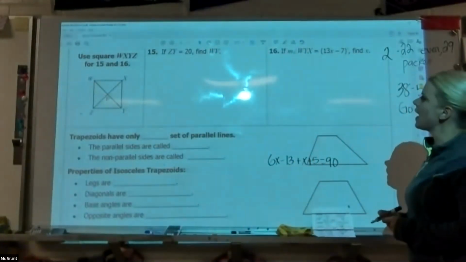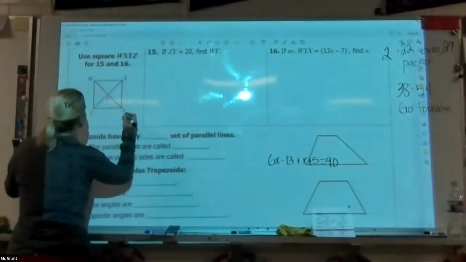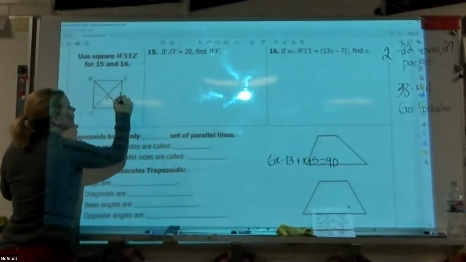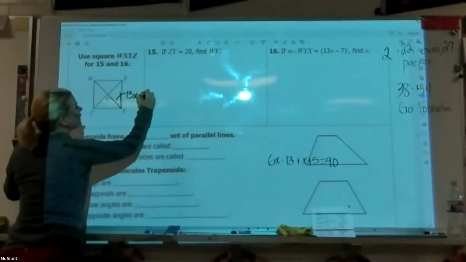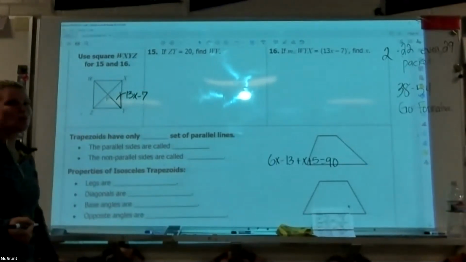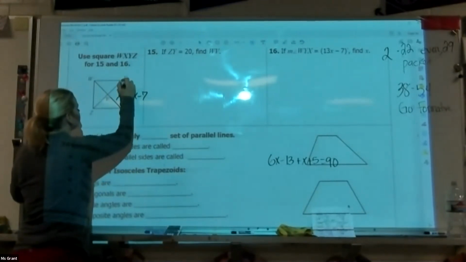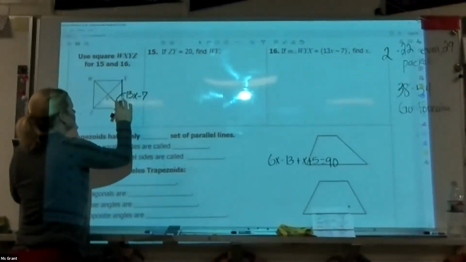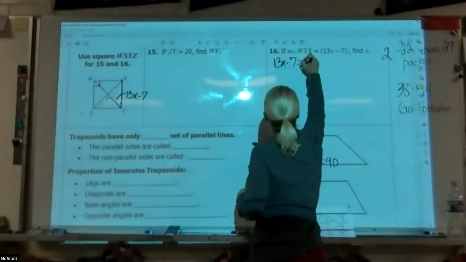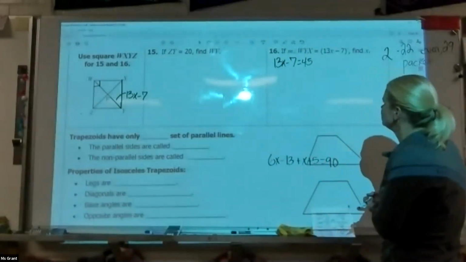If WYX, that's this angle, is 13x minus 7. Well, guys, it's a square. What do I know about this angle that I just drew right here? It's a square. 45 degrees. Thank you. 13x minus 7 equals 45 degrees. Solve it.